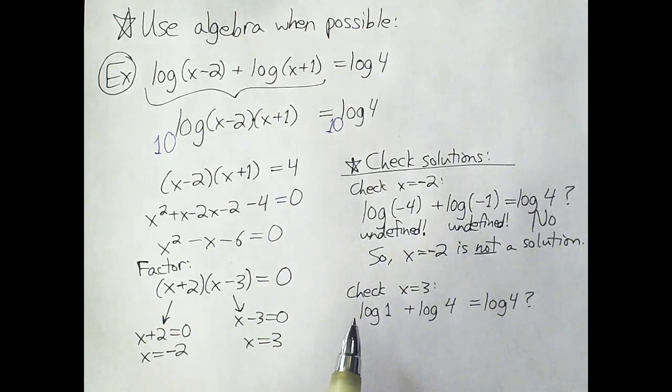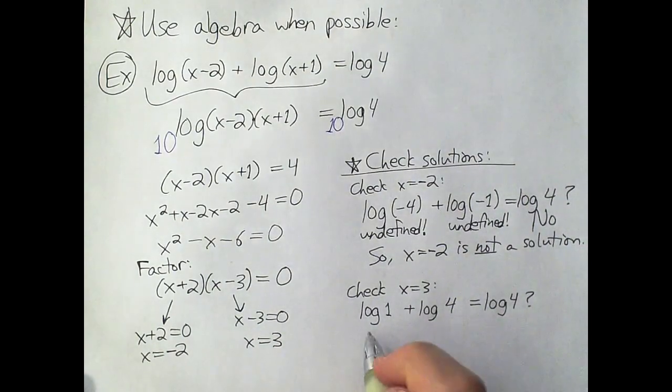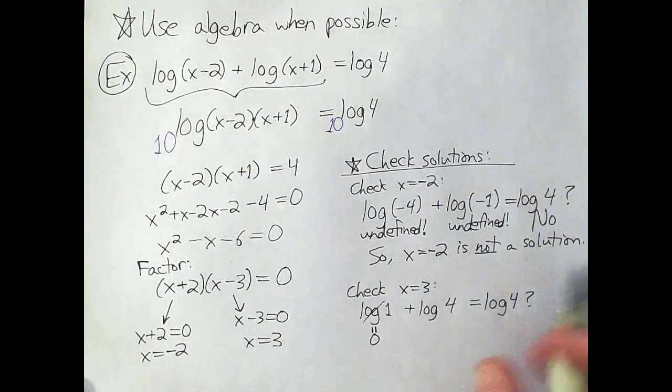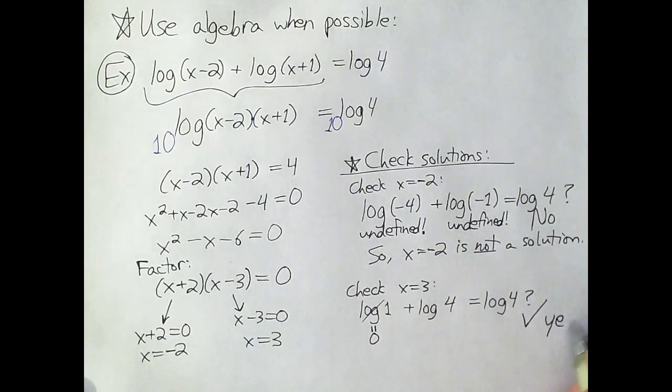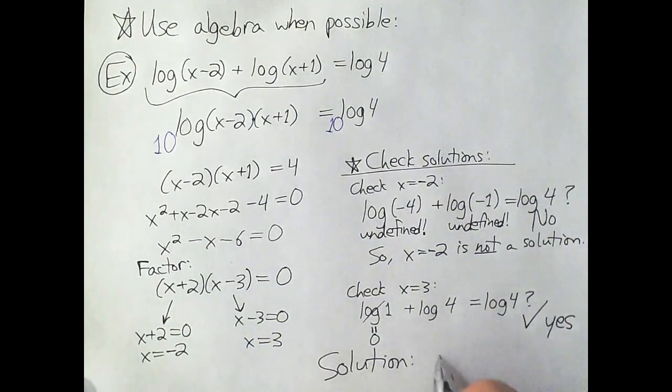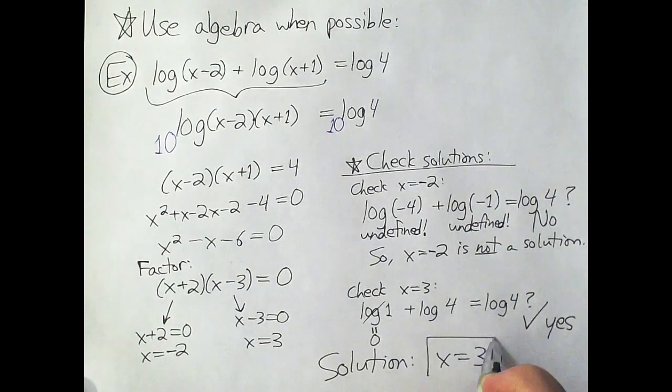One is the property of logs that says we could merge these together to be 1 times 4. Another way is that I remember the property that says log 1 is 0. So this is just log 4 equals log 4. Yes. So the solution to this problem, and it is only one solution, is x equals 3.